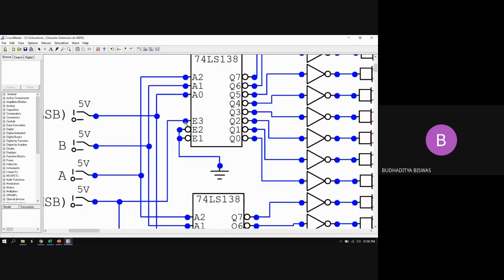But if E3 is connected to 0, even if E1 and E2 are also connected to 0, then the device will not open because there is a priority level. E3 is trying to disable the device, so whatever the enable combinations of E1 and E2, the device will not activate.